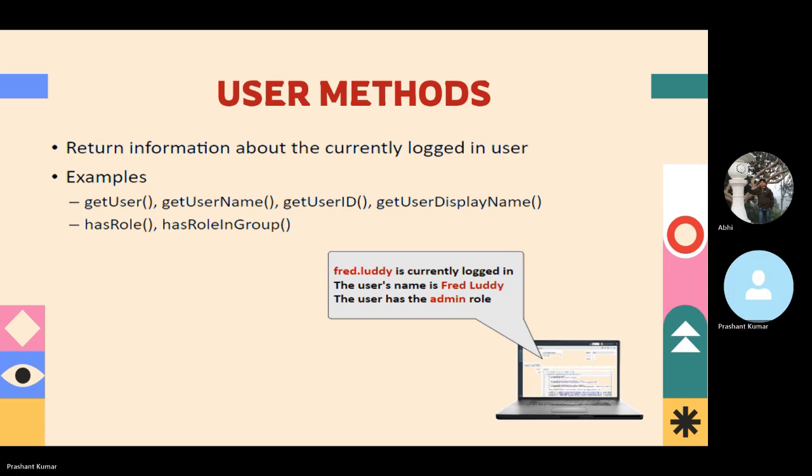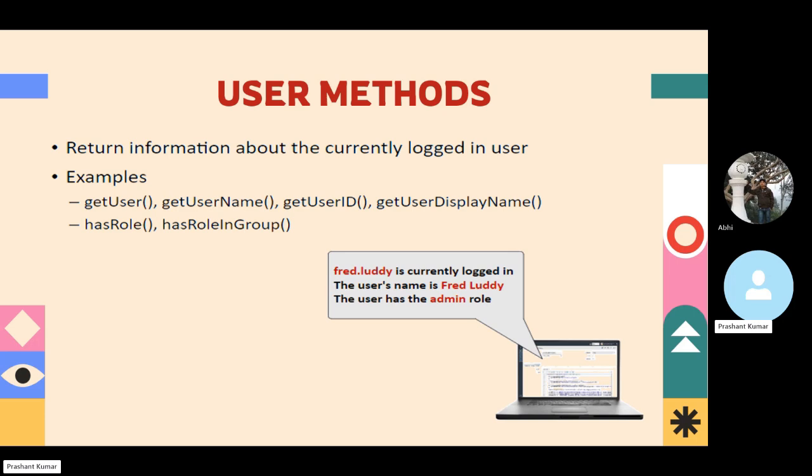So we will use gs.getUser. With the username you will get the first name and last name together, and with user ID you will get the sys ID of the record, and with display name you will get the name of that specific user.